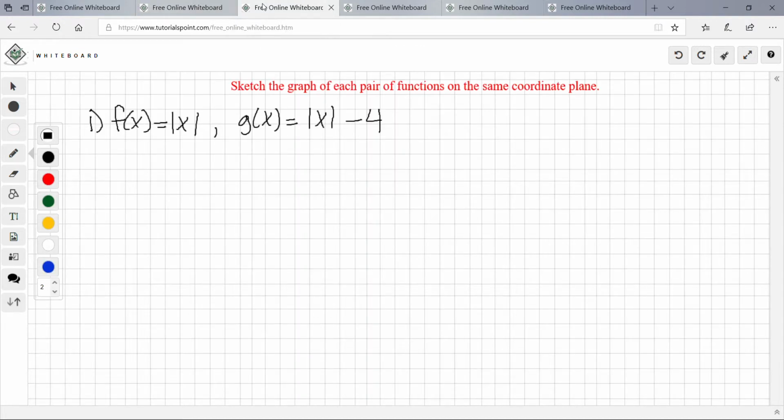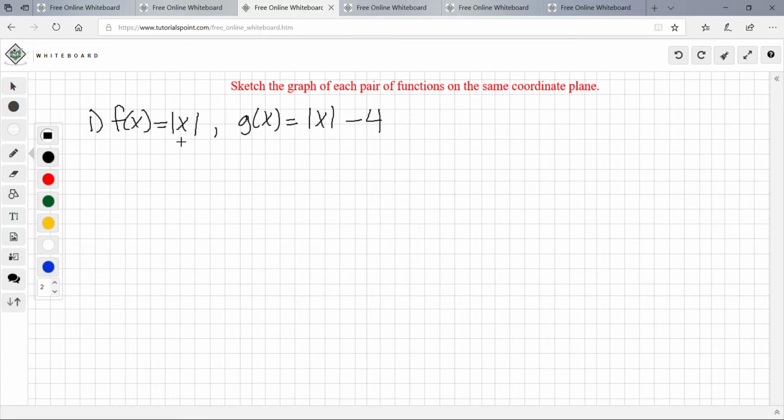So the problem says sketch the graph of each pair of functions on the same coordinates. So we're going to graph these two functions: f of x equals absolute value of x, and g of x equals absolute value of x, and then this is not inside the absolute value, minus 4.